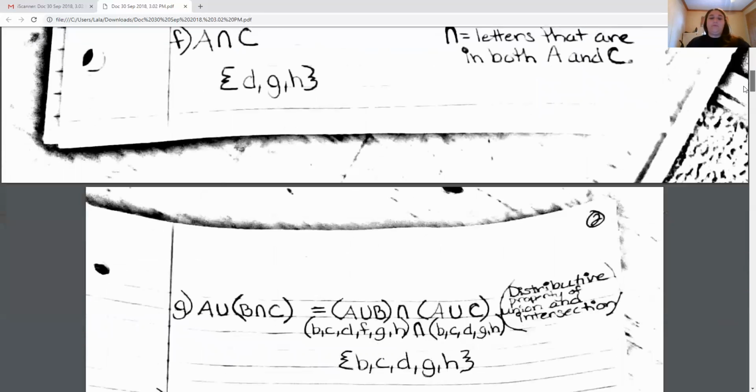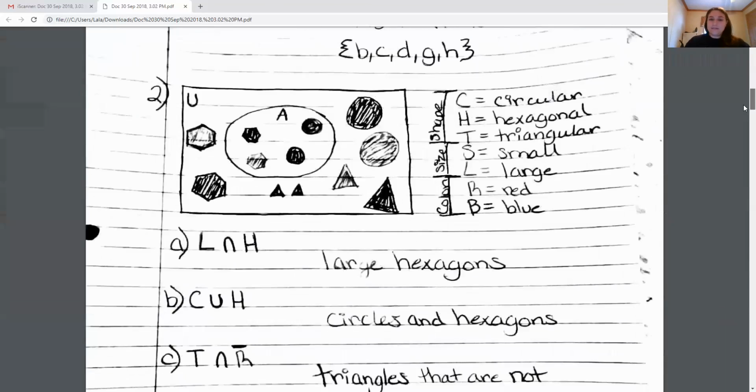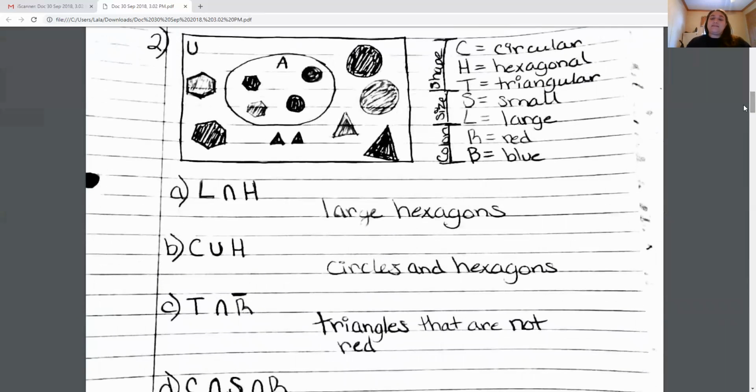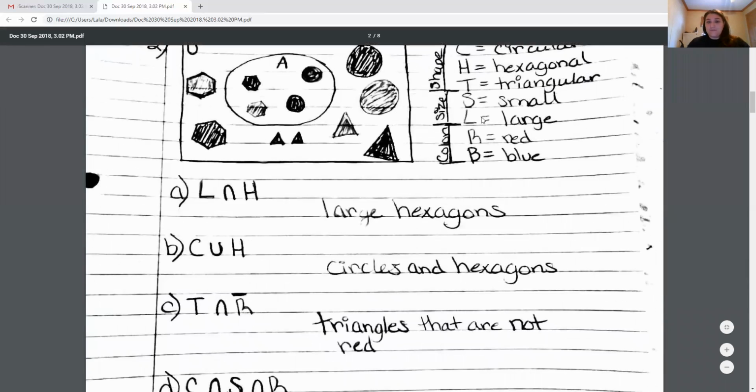We'll try a different problem. So here we go. Here's another type of Venn diagram. This has shapes. Now for our sets, it's given us C, H, and T for the shapes: circle, hexagon, and triangle. S and L are for the size of the shapes, small and large. And then we've got the colors red and blue.